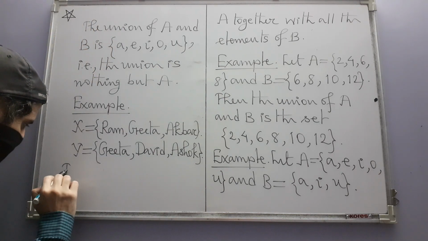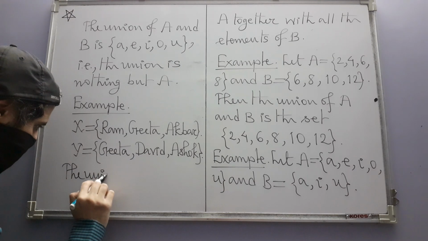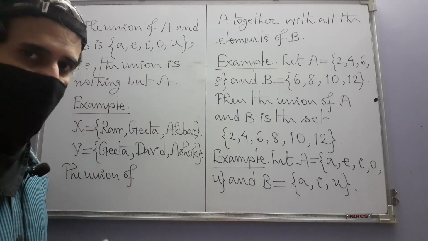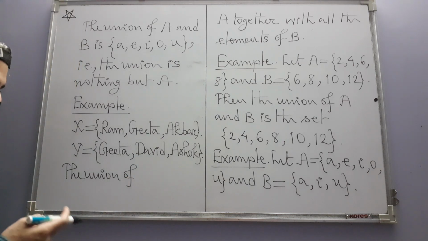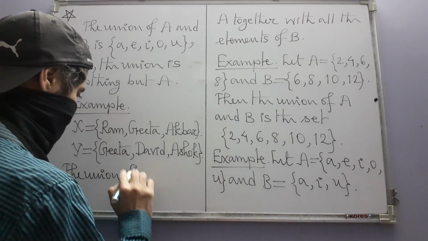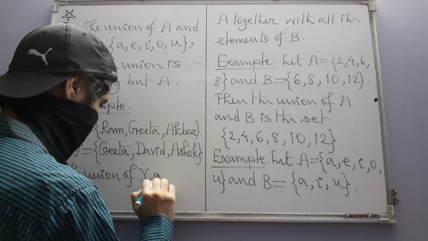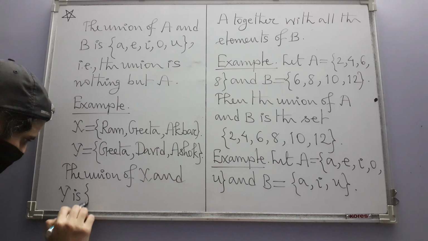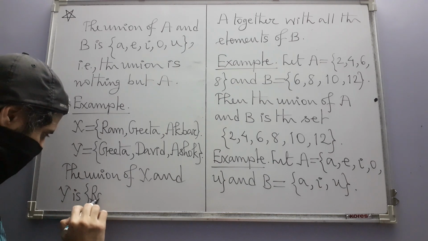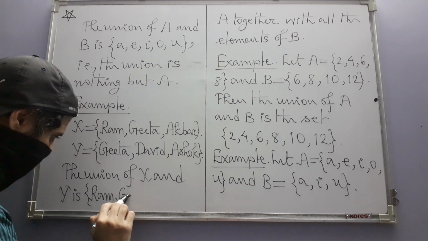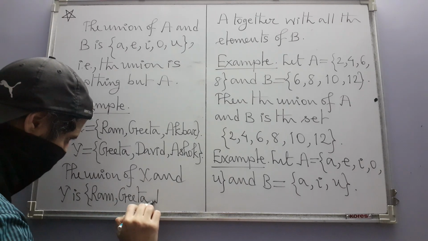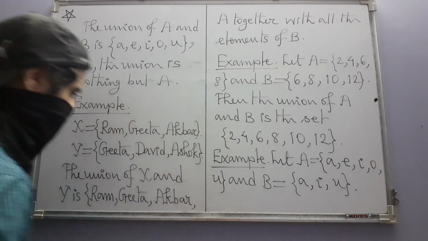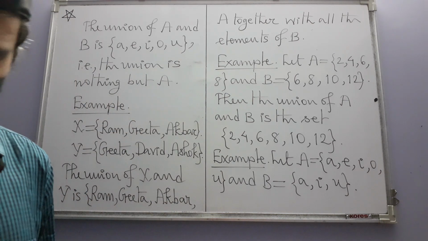Well, having seen 2 examples, now we know basically how to write the union. The union of X and Y is this set: Ram, Geeta, Akbar, David and Ashok.